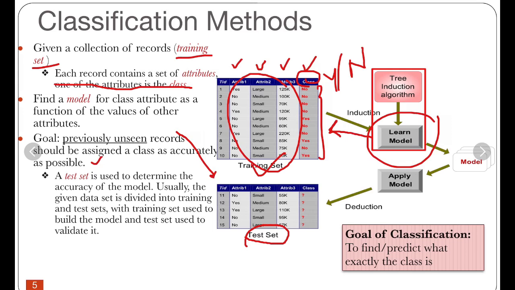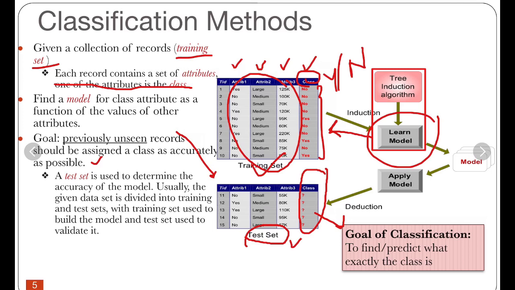If you notice, the class in these records is missing. So this is the goal of classification: we need to find or predict what exactly the class is.